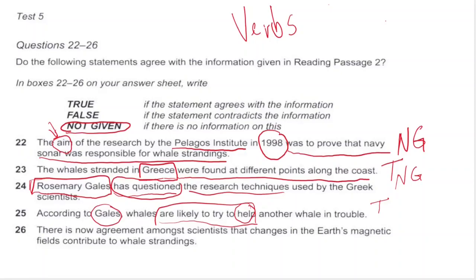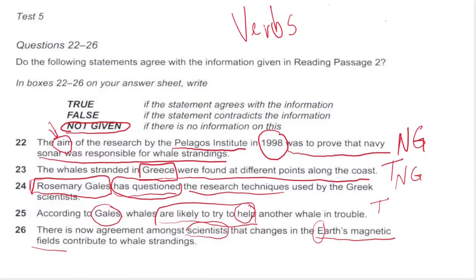Now, let's look at the last question in this section. There is now agreement amongst scientists that changes in the Earth's magnetic fields contribute to whale strandings. The keyword in this sentence is scientists, and the most important keyword is Earth's magnetic fields. Earth starts with capital E, and that's easy to find in the passage.